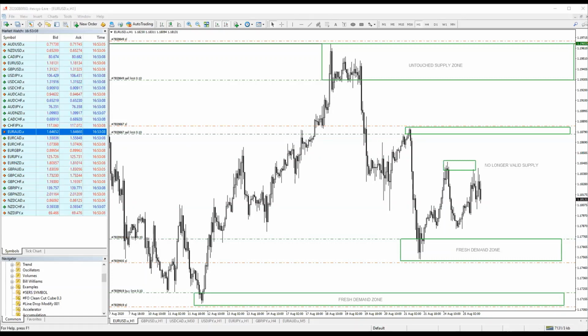There is a question if this goes for stocks as well. Yes, it goes for stocks, it goes for commodities, it goes for futures, it goes for anything that has enough liquidity in the market.